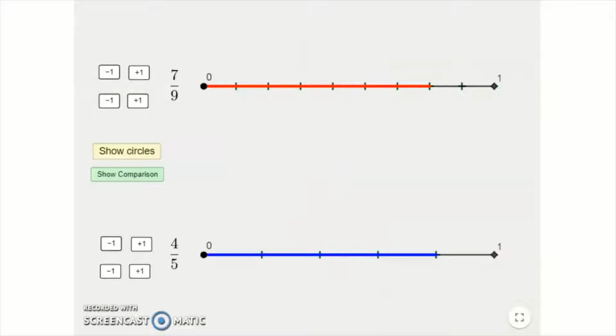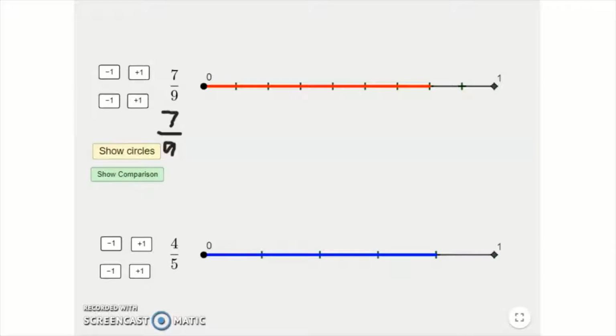This is not simple, and if we don't have time to draw a diagram, we need a way of working it out, and the only way is to make sure that our denominators are the same. So here, my lowest common multiple of 9 and 5, the first number in both the 9 and the 5 times table, is 5 times 9, which is 45 in this case.